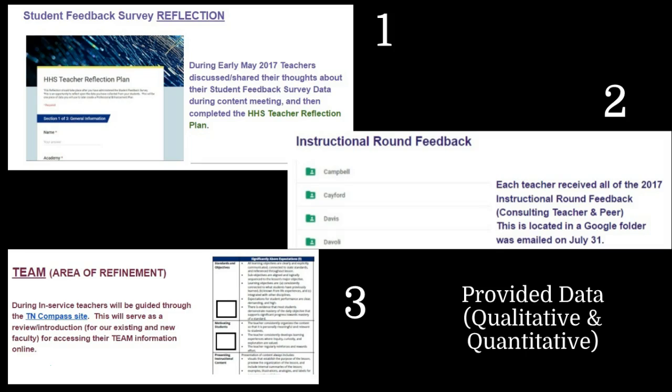And then your team evaluation from last year, but you could even look back the previous year. What were the areas of refinement that showed up on the instructional part of that evaluation? These are all things that you could use, data, qualitative and quantitative, to identify your area you want to focus on. You could also look at things like testing data as well.